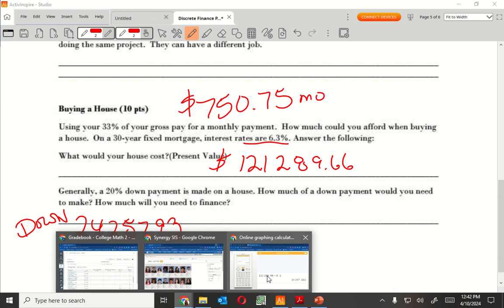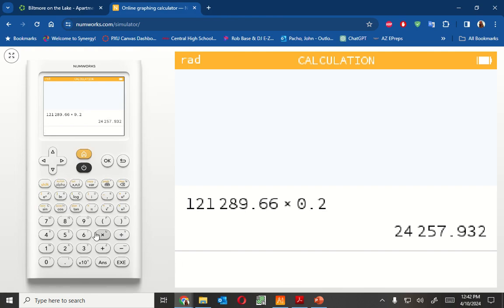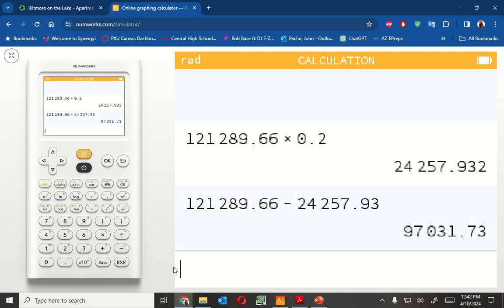So, I go back to my NumWorks and I could do 121,289.66 minus 24,257.93. So I'm going to finance 97,031.73.